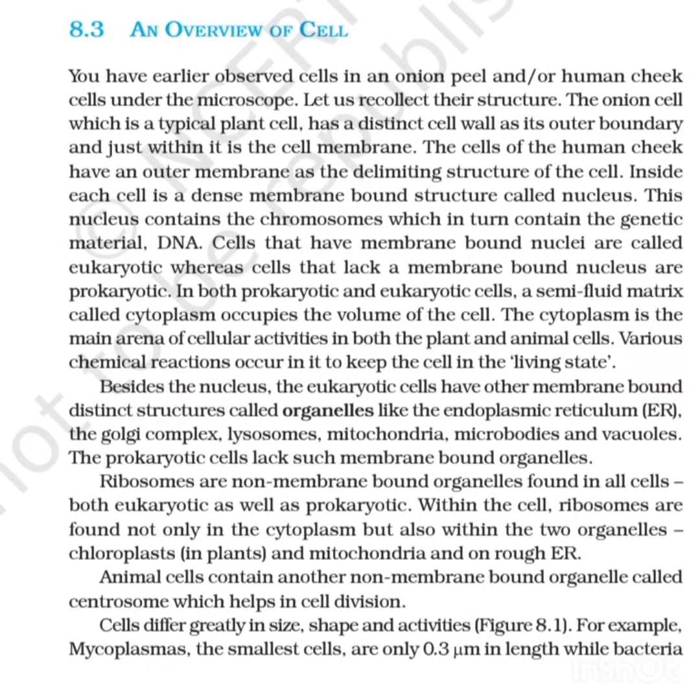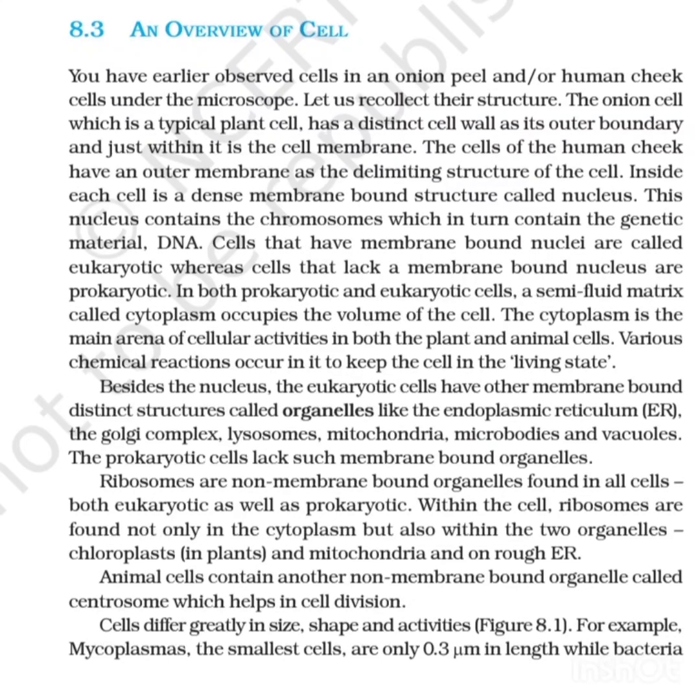We all know that onion is from the plant. The onion cell has a distinct cell wall, which is the outer boundary, and within the outer boundary is a cell membrane. But in the human cheek, cells have an outer membrane as the delimiting structure of the cell. Inside each and every cell is a distinct membrane-bounded structure called the nucleus.